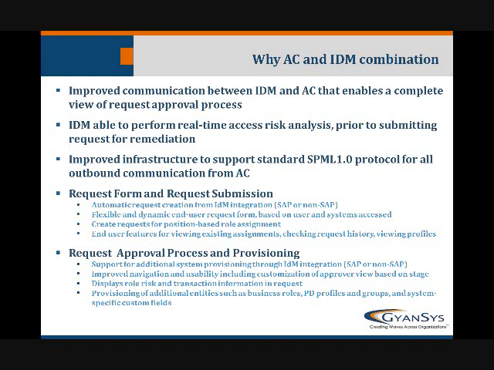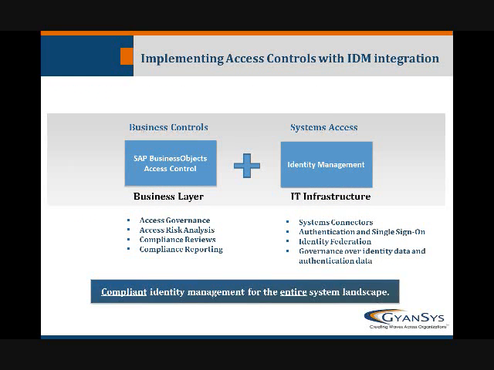From the request form and request submission, from request approval to the provisioning, we have a great number of steps, a great number of framework components which are part of this IDM and AC framework that can go together. You see how this combination helps business.